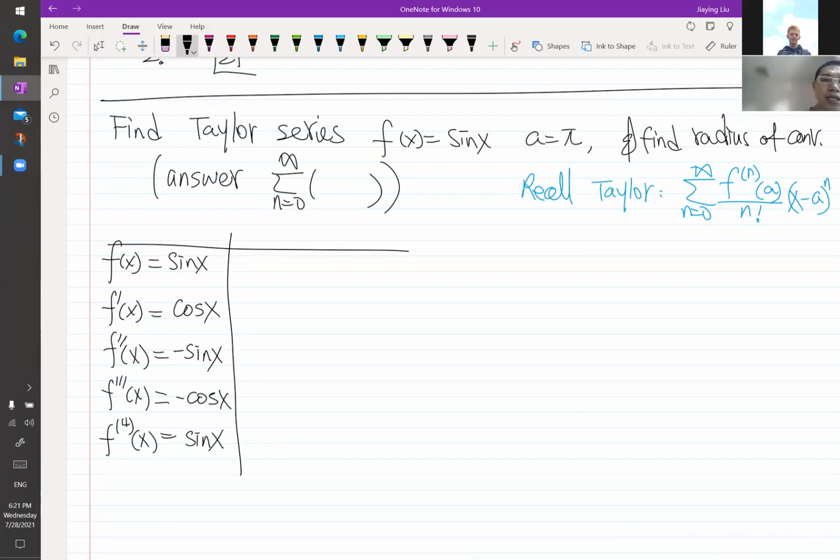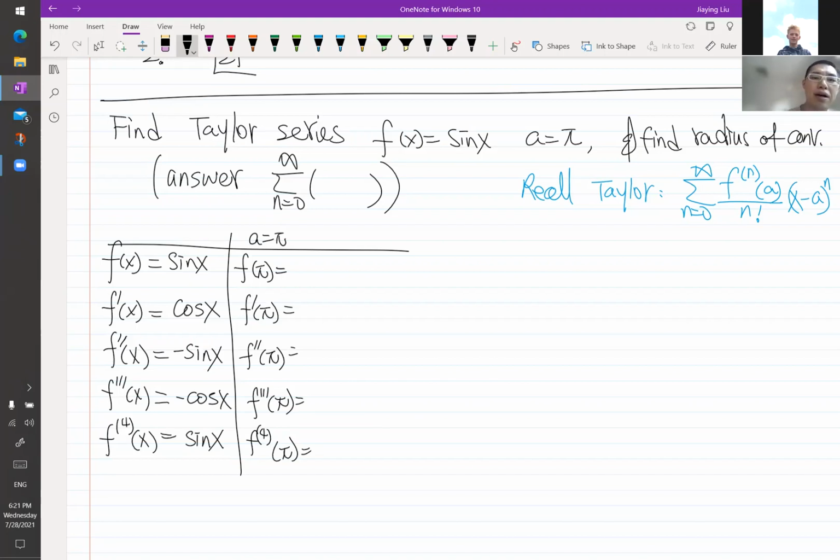Then you're going to plug in the value a for x to find f of pi, f of a in this case, which is sine pi, and then f prime of pi, f double prime of pi, f triple prime of pi, and then the fourth derivative of f at pi. It's good to keep it organized this way.